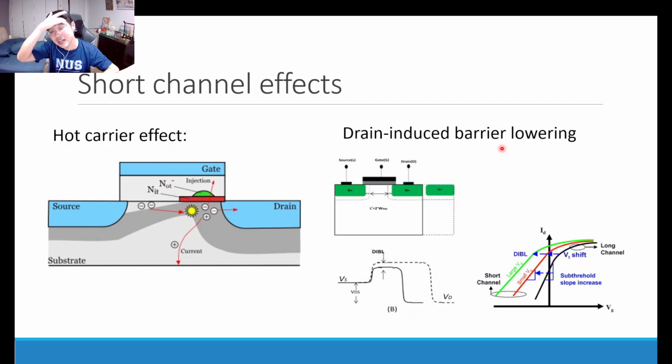The second one, which is slightly more difficult to understand, is drain-induced barrier lowering. The idea is that when the channel is short enough, the voltage being applied at the drain is able to influence the kind of barrier that exists in the channel when the transistor is in the off state.